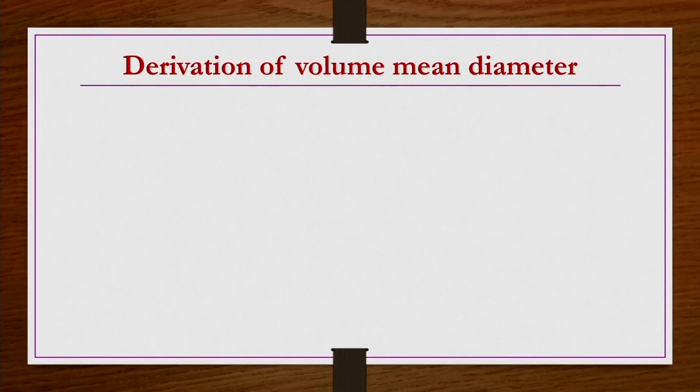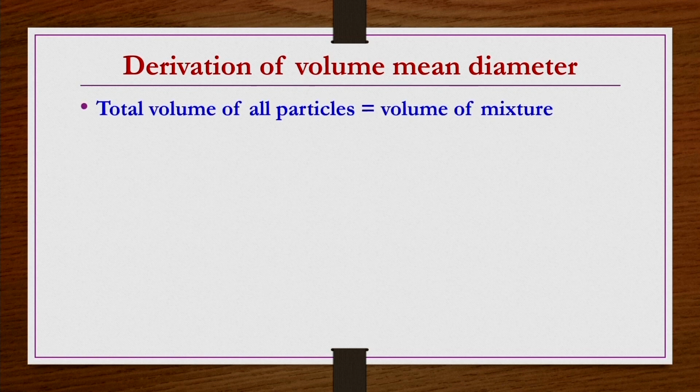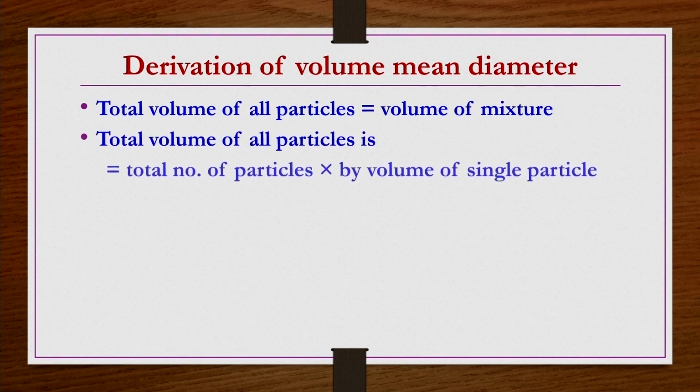Now, the derivation of the volume mean diameter. We have seen d̄_S, d̄_N, and d̄_W in a simple way. In a similar way it is difficult to do the volume mean diameter, but we can do it another way. The total volume of all particles should be the volume of the mixture, and the total volume of all particles is the total number of particles multiplied by the volume of a single particle, calculated using this volume mean diameter d̄_V.